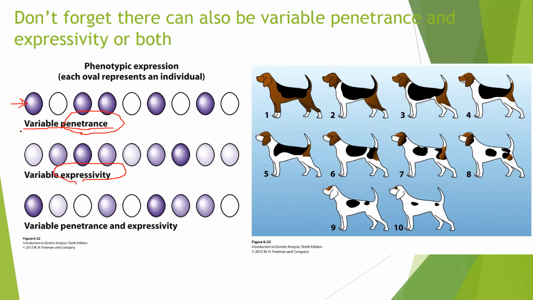So for the same genotype, we're probably going to see variable penetrance and also variable expressivity, or both. These two concepts are important, so probably in the next midterm, I'm going to give you some questions to test if you understand these two concepts.